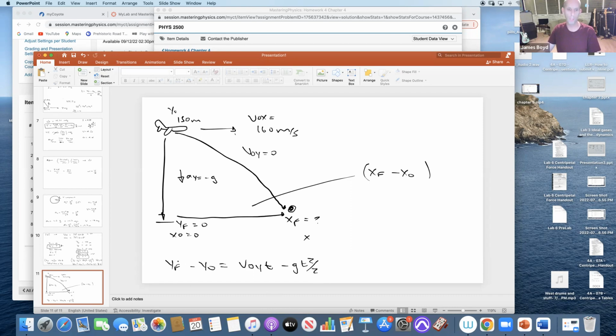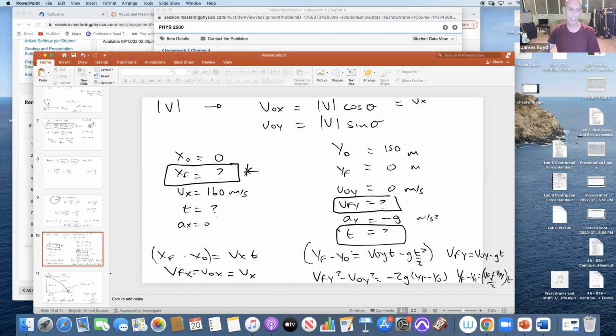We know Y final is 0. We know Y initial is 150. We know V naught is 0. And we're going to find T. So what we have is minus Y naught equals minus g times one half T squared. Multiply by 2 over g with a negative sign on both sides, and you get T squared is 2 Y0 over g, square root. You're going to take the positive sign.